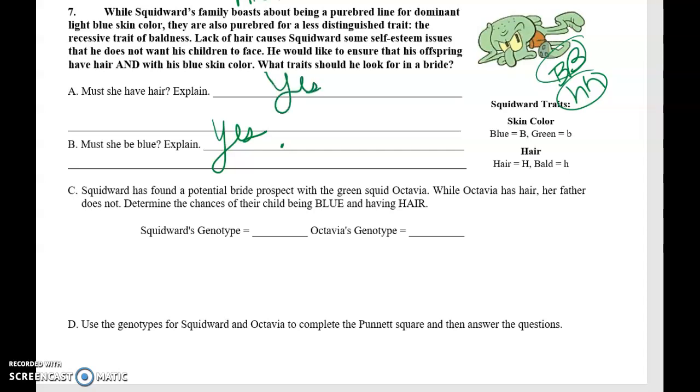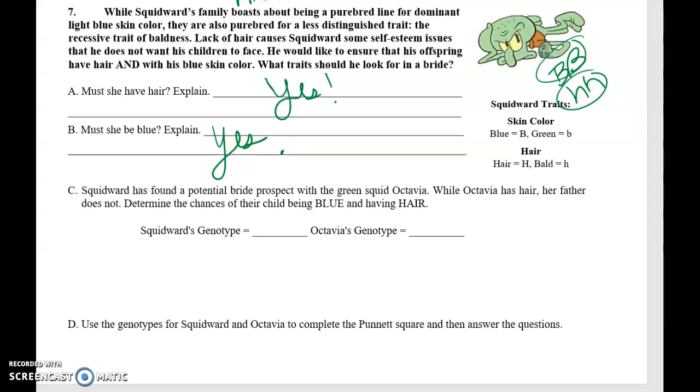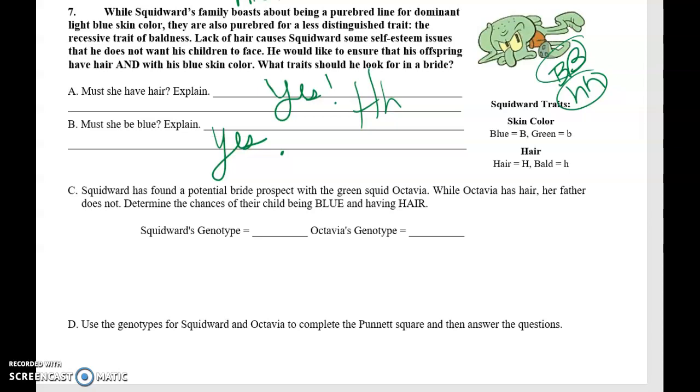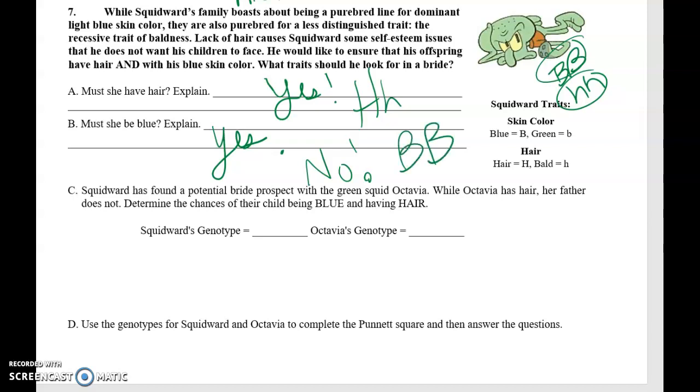Yes, she must have hair. She must have at least one capital H. She could be heterozygous, but his chances are finding a homozygous bride. Must she also be blue? No, she doesn't have to be blue for this one, because he can pass on his big blue gene or his big blue gene. All of his kids will automatically be blue.